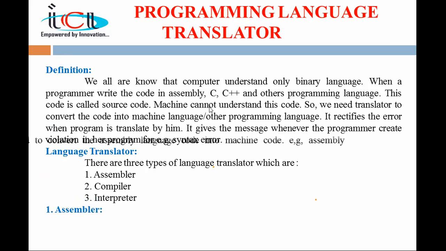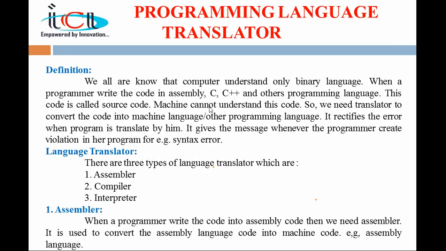Now we discuss the assembler. When a programmer writes code in assembly language, we need an assembler. When we write our program in assembly language, we use mnemonics like load and jump, JMP.